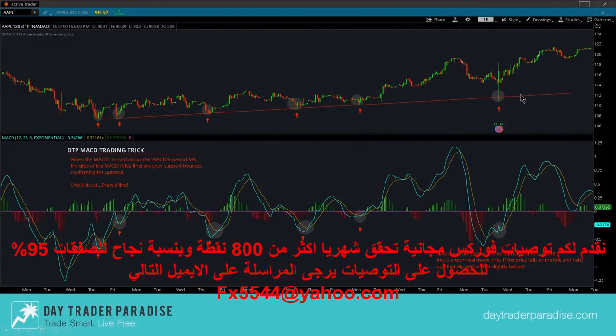Well, on the longer term trend on a smaller time frame, these crossovers are actually bounces against that line exactly that you get.